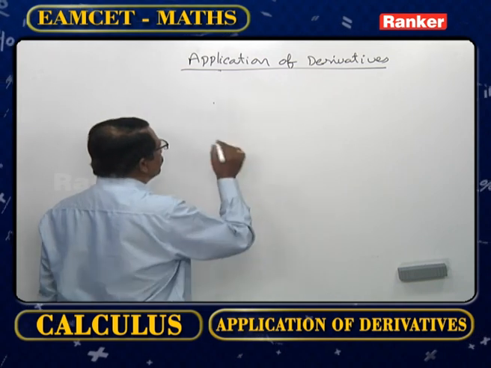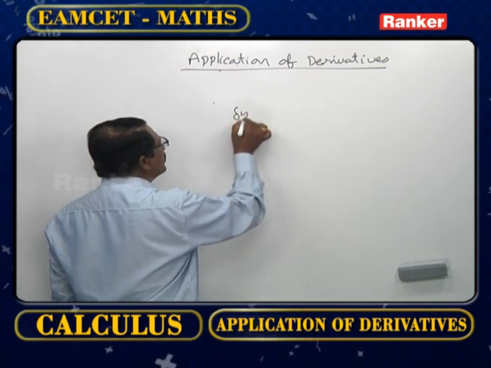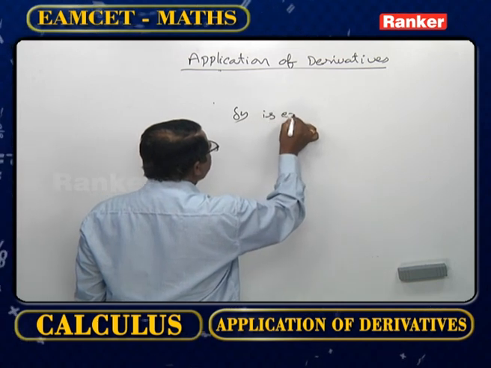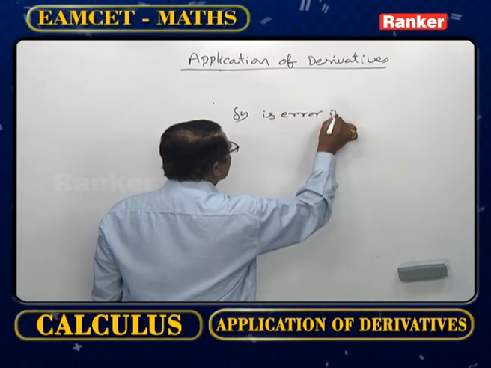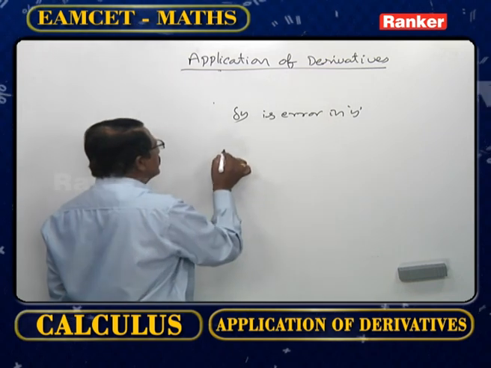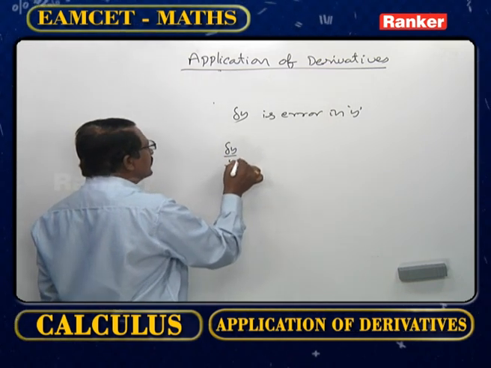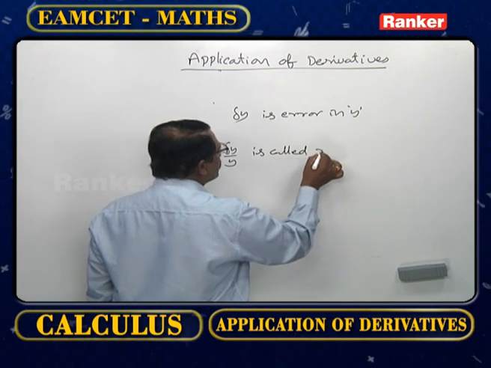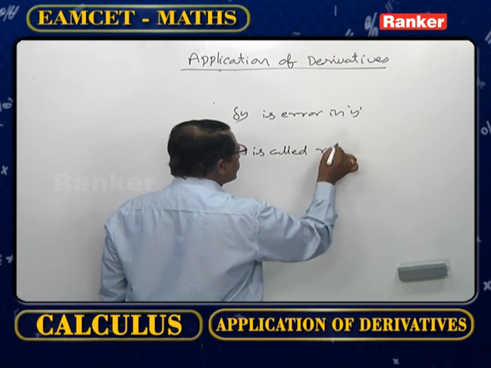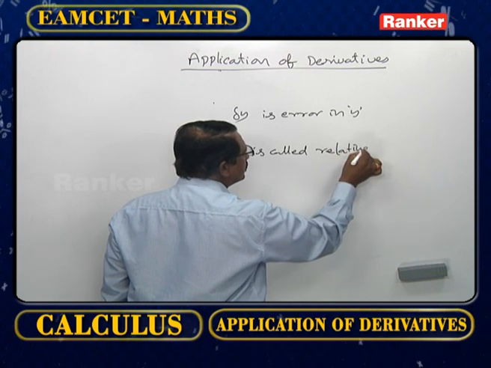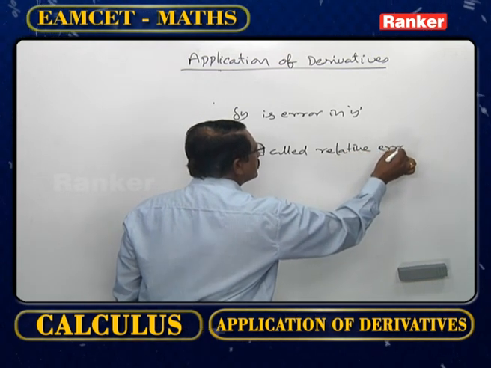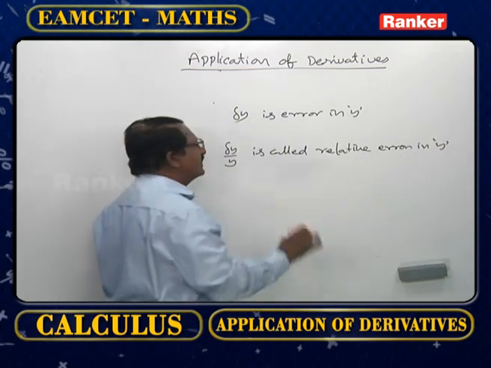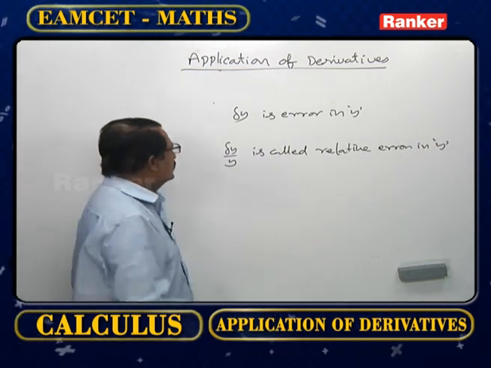Similarly, if delta y is the error in y, then delta y by y is called the relative error in y.